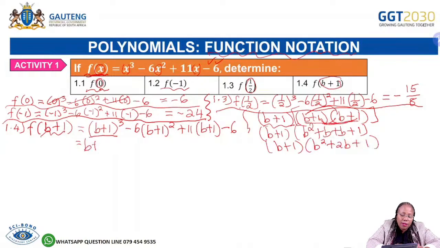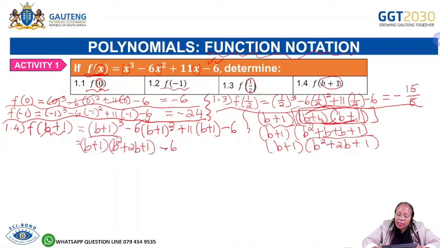We leave the first bracket, and then we have multiplied 2 brackets, which is b squared plus 2b plus 1. And then minus 6. We cannot multiply 6 in. Why? Because this is squared. We need to deal with that square first. We have already done that. Grade 12, it is 2 brackets of b plus 1.